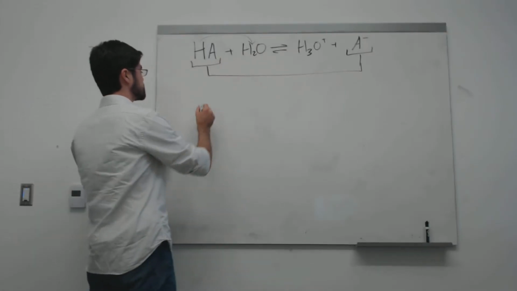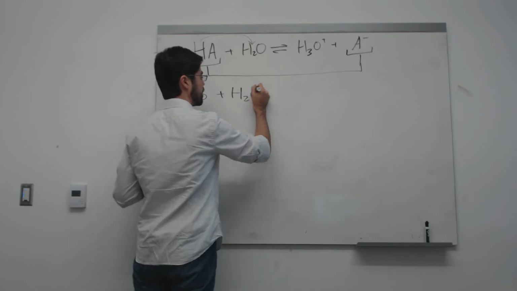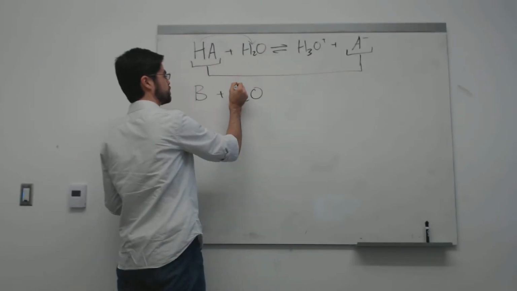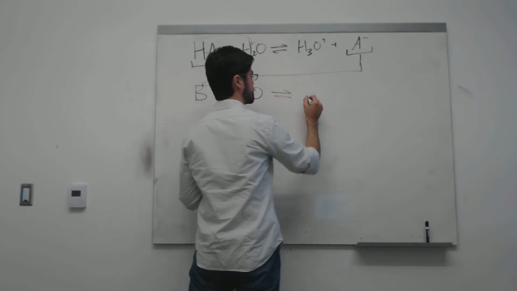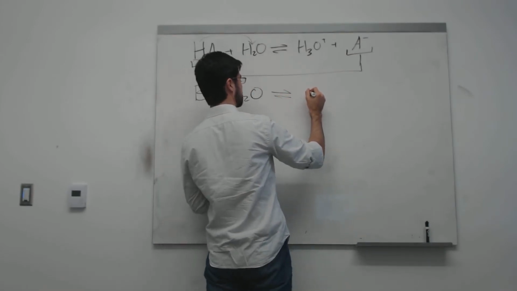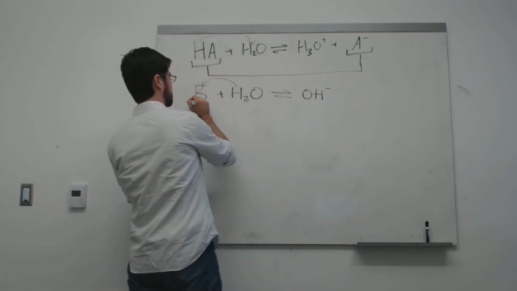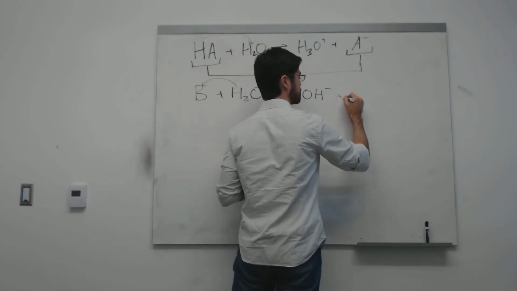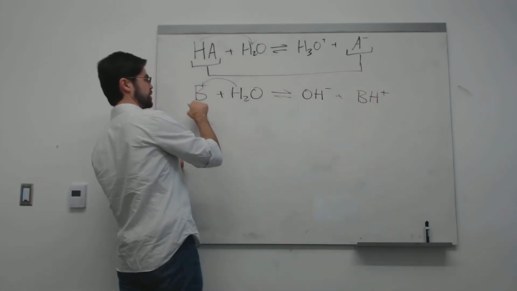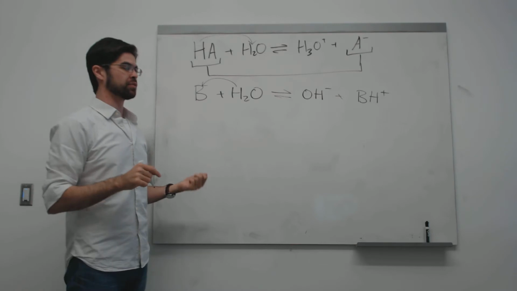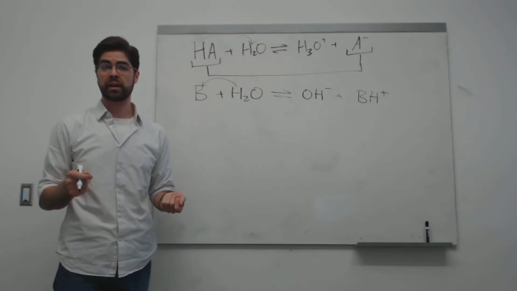For a weak base, a base will tend to gain protons from water, and once it gains the proton, it becomes BH plus. So this B, it could be any number of things. The classic example I think of is ammonia, NH3.